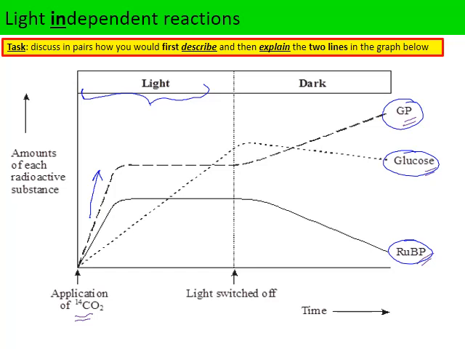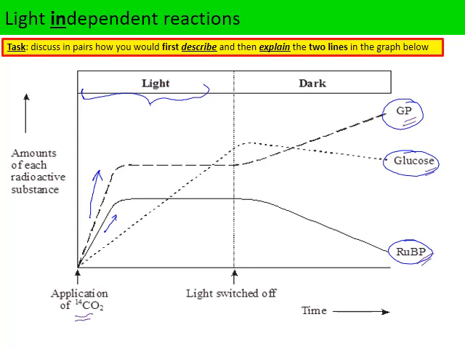Now it's the same for ribulose bisphosphate. Because G3P is converted to triose phosphate with the radioactive carbon, the triose phosphate is then used to regenerate ribulose bisphosphate, which will also incorporate the radioactive carbon. So the level of ribulose bisphosphate with radioactive carbon also increases.